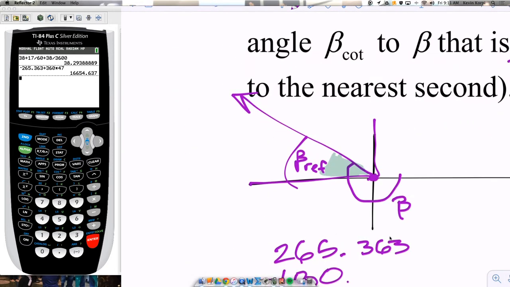So we can make a little observation here: if coterminal angles always share a terminal ray, regardless of how they get there, and the reference angle is always the positive acute measure between the terminal ray and the x-axis, then every single coterminal angle in the whole wide world shares the exact same reference angle, right?